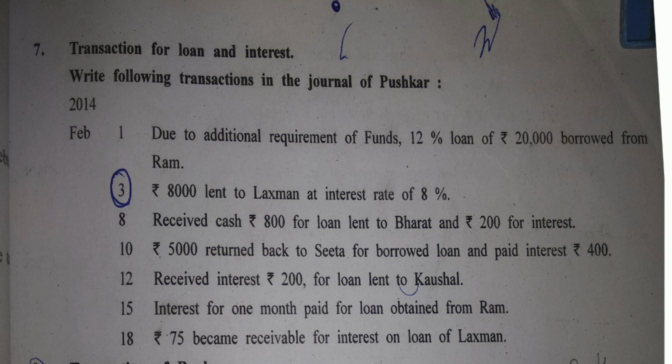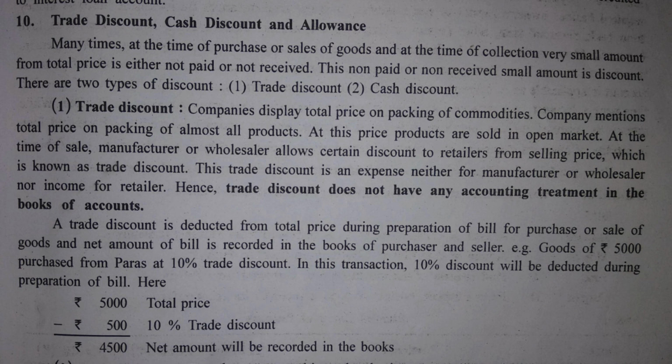Yes. So, here we complete sum number 7 from exercise, which was related to illustration 7 that we have done in previous lecture. And now we are going to start with a new topic, that is of trade discount, cash discount and allowance. Simply speaking, trade discount is calculated but not recorded in the books of accounts.